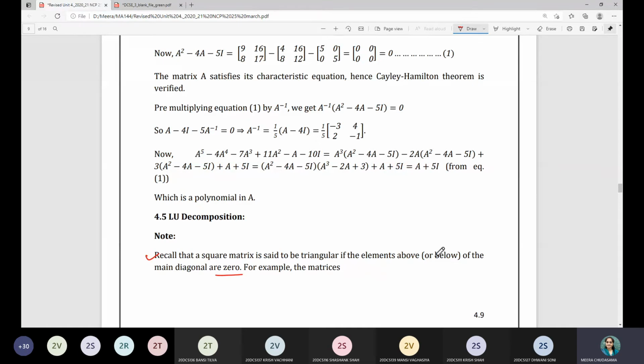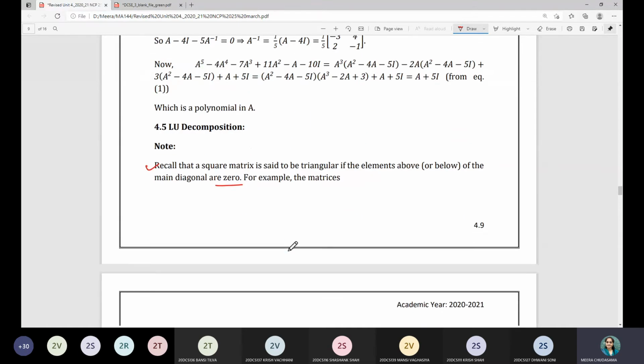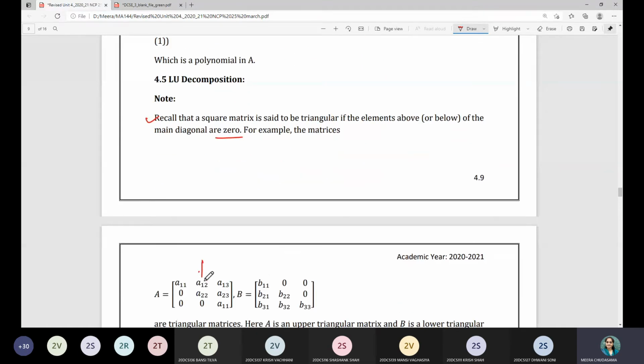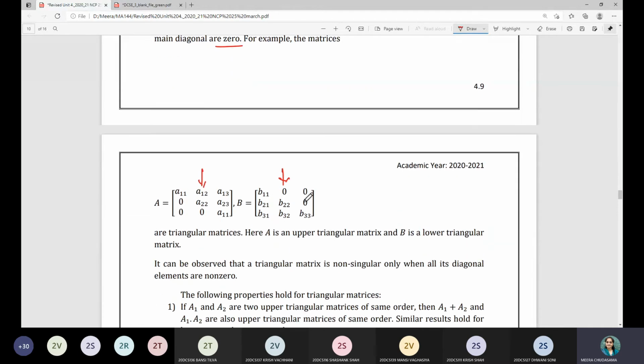If we consider this one, this is upper triangular, this one is lower triangular. So these two are triangular matrices. A is upper triangular, B is lower triangular, and it can be observed that a triangular matrix is non-singular only when all diagonal entries are non-zero.